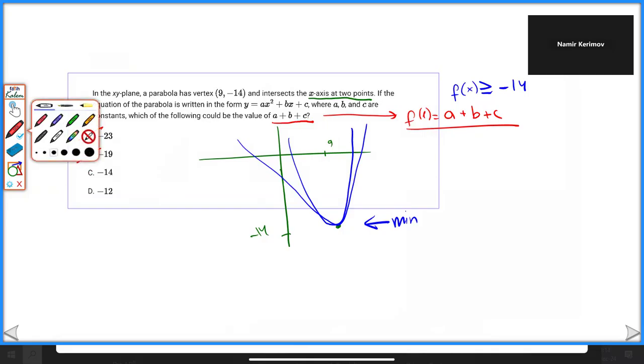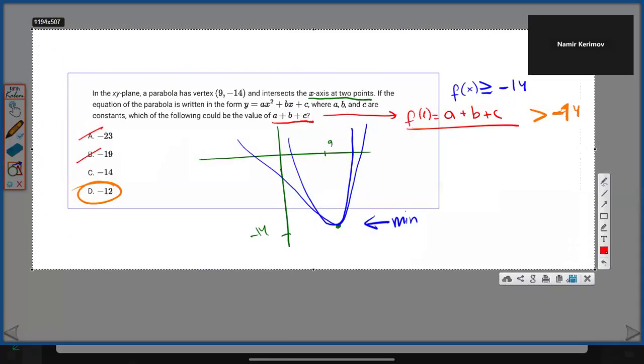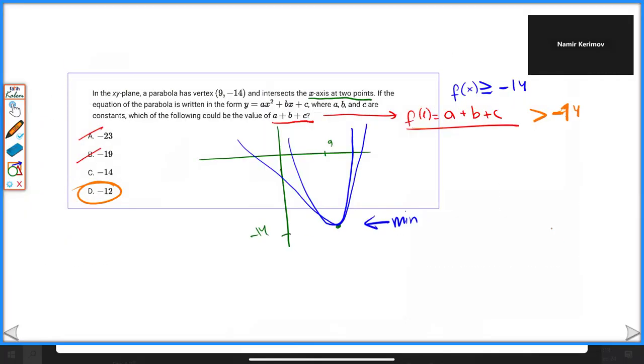And then for C and D, we say negative 14 is the minimum value when x is 9, not for the other values. So f of 1 has to be more than negative 14. That's why we say D is the answer. Maybe there are other ways, but I can say only this one now.